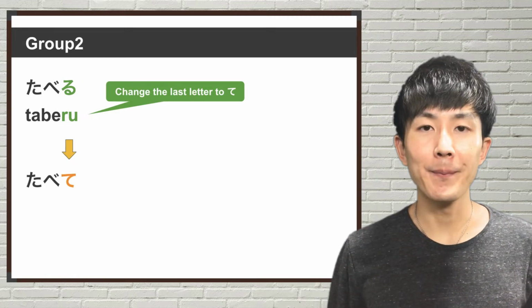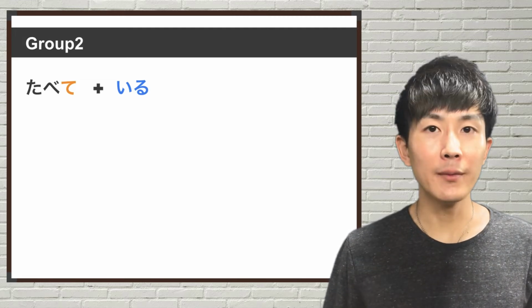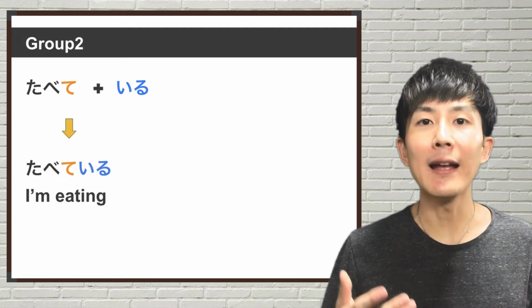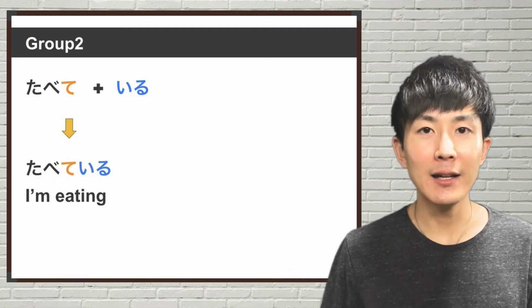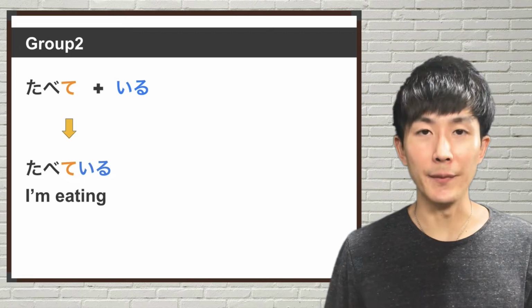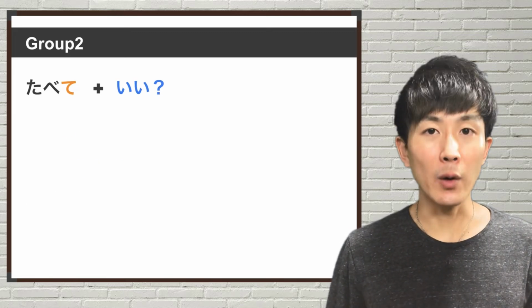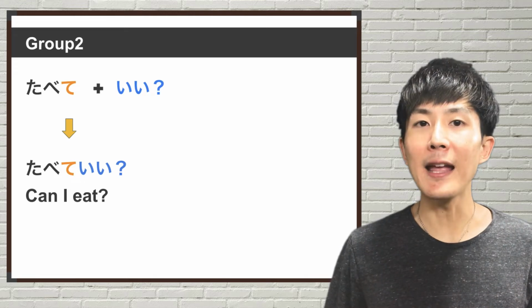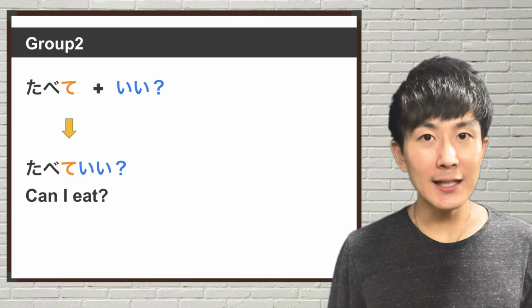For example, if you attach いる to the te form, it becomes 食べている, which means I'm eating. It's a progressive expression. Besides, if you attach いい to the te form, it becomes 食べていい, which means can I eat?